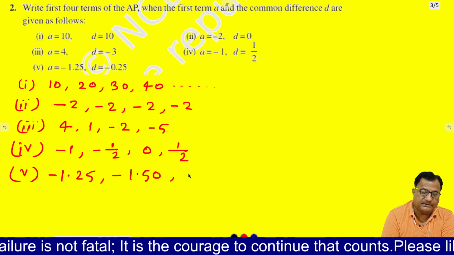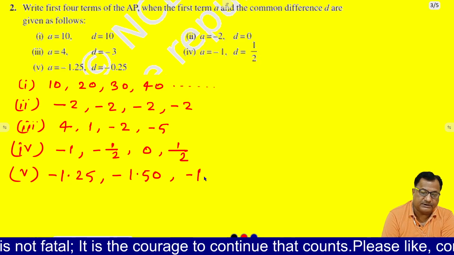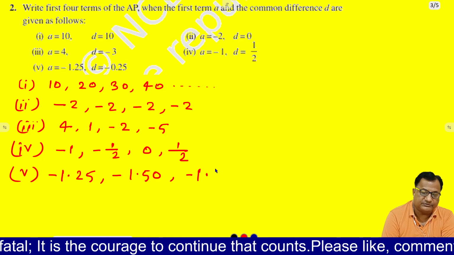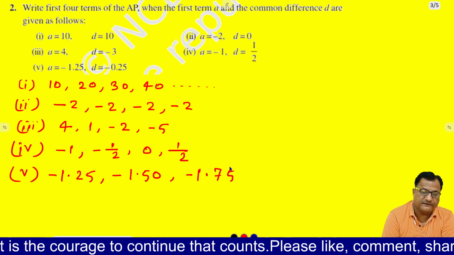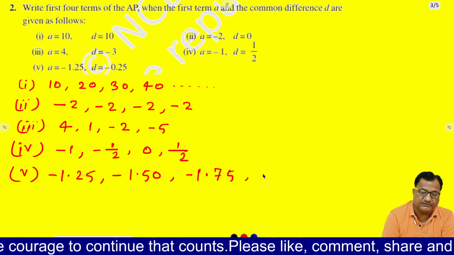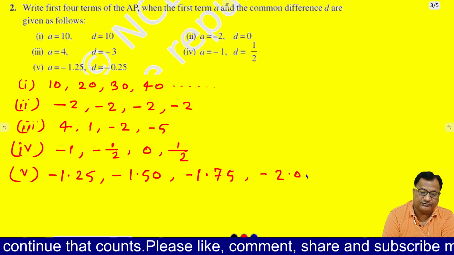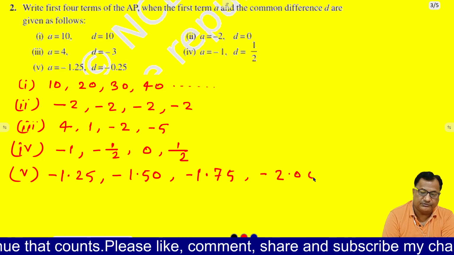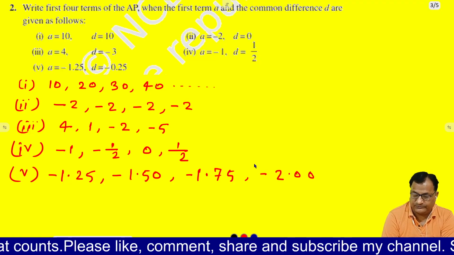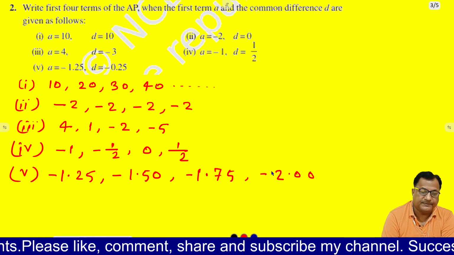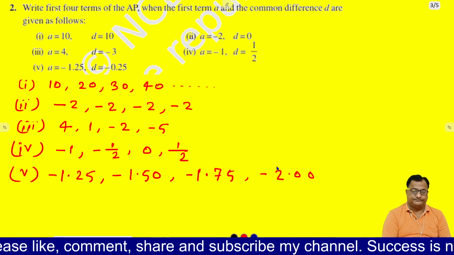Third will be minus 1.75. Then it will be minus 2.00. This is the answer.